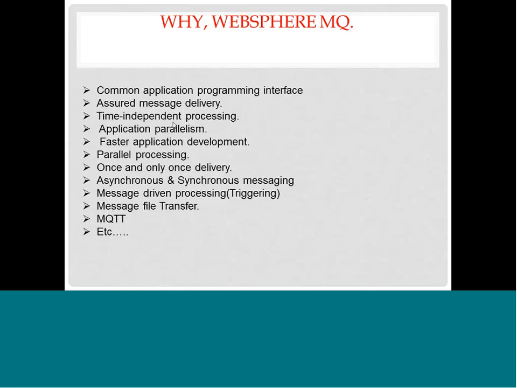The next one is application parallelism. Application parallelism is nothing but one application communicating with multiple other applications in parallel. I am sending a request to verify the account details, because I want to know the account information. When it reaches the destination application, it has to be sent to multiple backends, which are different business applications.